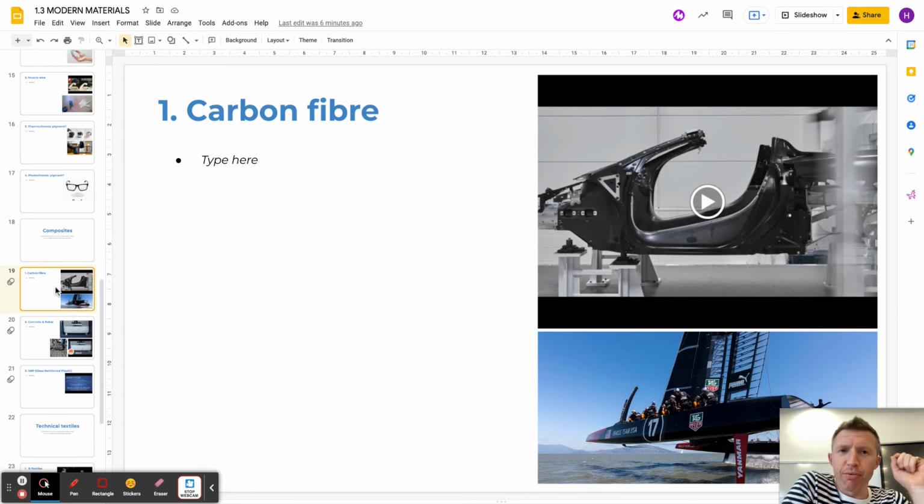Carbon fiber is probably one of the best known composites and probably one of the most widely used composites as well. When I think of carbon fiber, I think of really high performance applications where strength is paramount, stiffness is paramount, but lightness is also crucial.